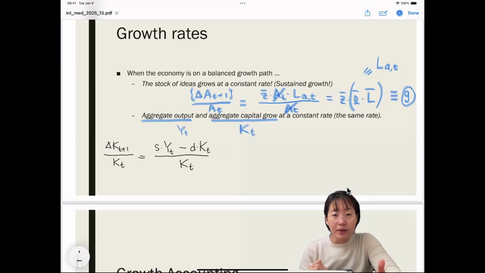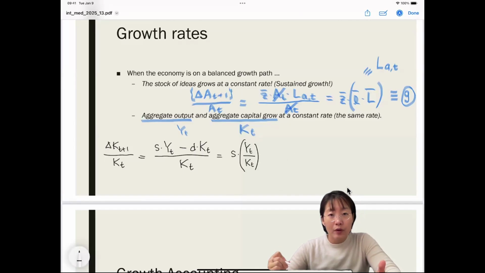And it should be divided by the current level of capital stock. Now we have saving rate times output of today over capital stock of today minus depreciation rate.